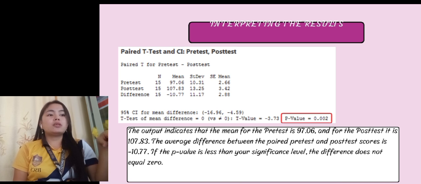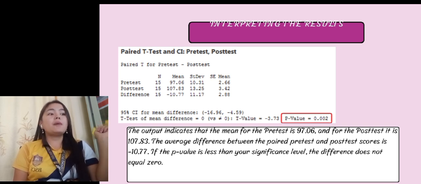And the explanation is the output indicates that the mean for the pre-test is 97.06 and for the post-test is 107.83. The average difference between the pre-test and post-test scores is negative 10.77 because 97.06 minus 107.83 is negative 10.77.